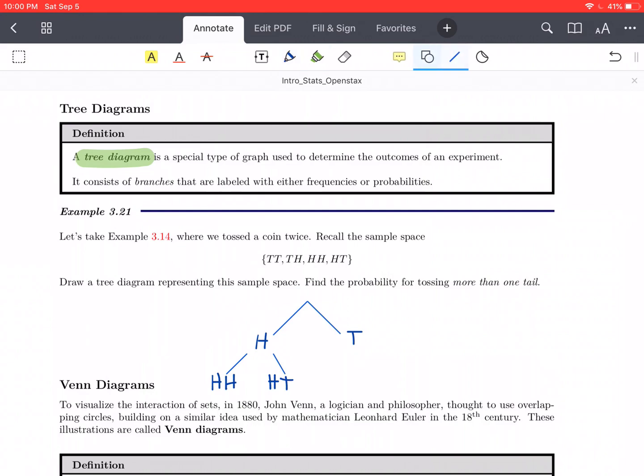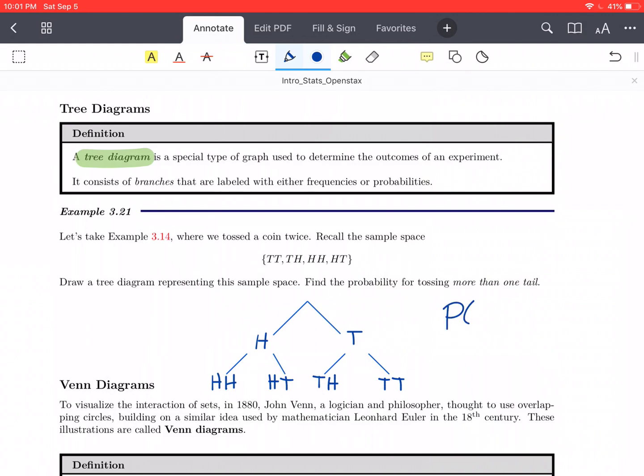Or I could have tossed tails first and then heads, or tails and then tails. And this is our tree diagram.